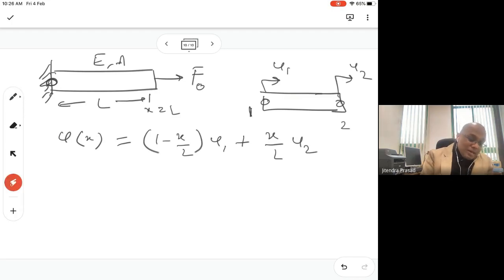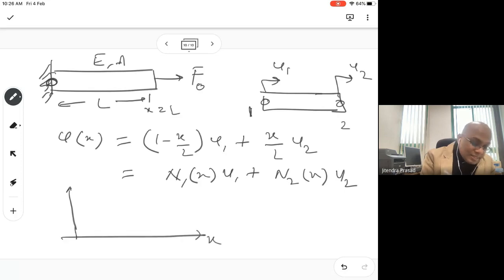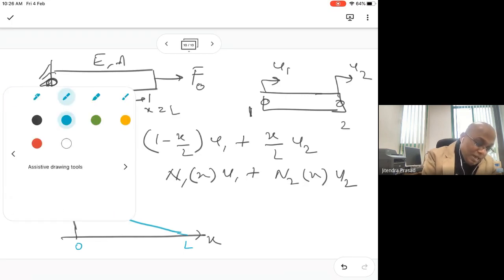You see, you can formulate it like this. This is also a line. We can write u(x) equal to N1(x) u1 plus N2(x) u2. And how will N1(x) look? This is x; N1 will look like this. So this is 0, this is x equal to L, this is 1.